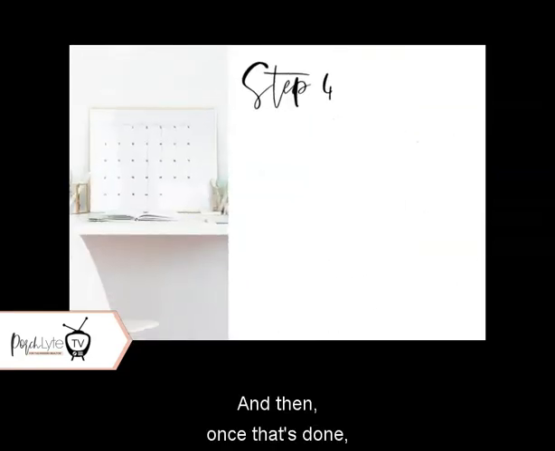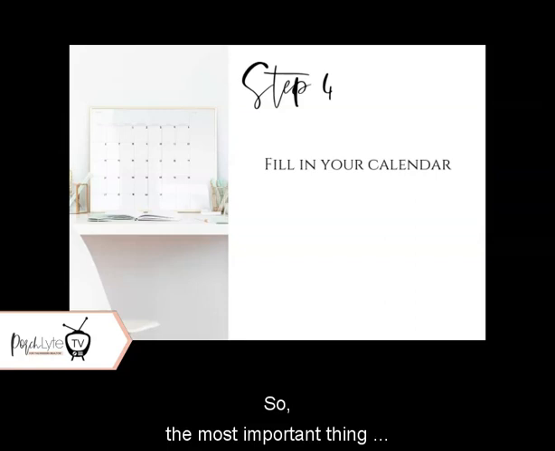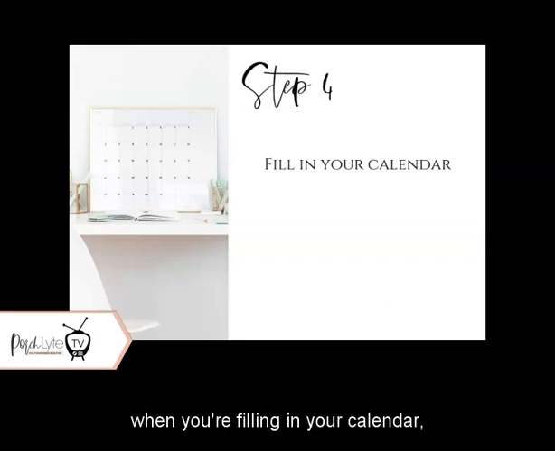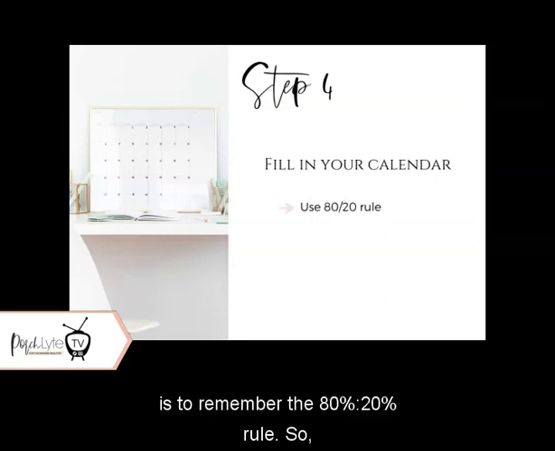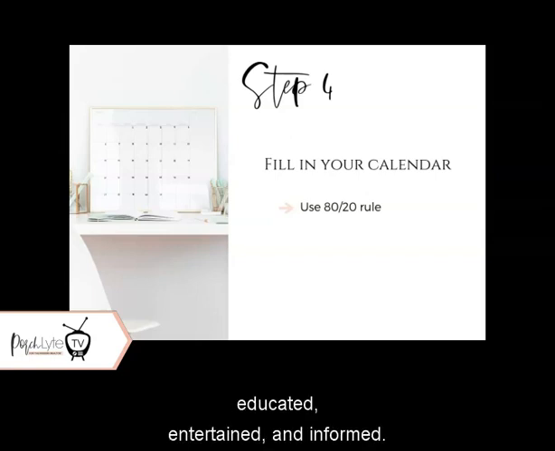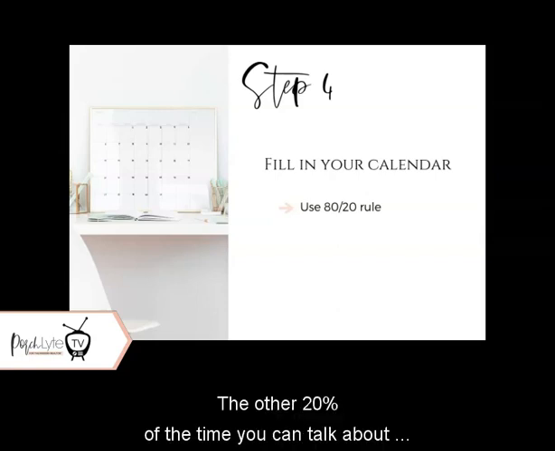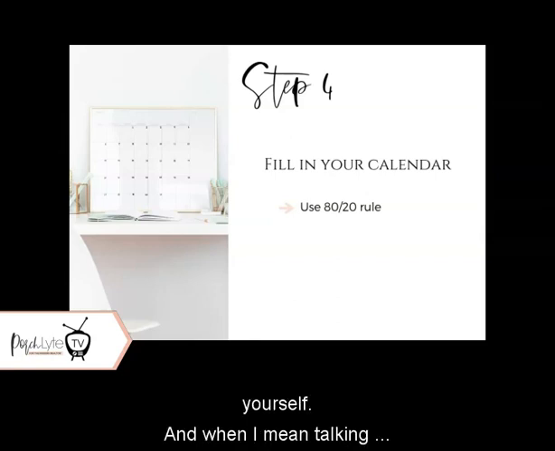And then once that's done, step number 4 is filling in your calendar. The most important thing when you're filling in your calendar is to remember the 80-20% rule. Most people want to be educated, entertained, and informed. So that is what you're going to do 80% of the time. The other 20% of the time, you can talk about yourself.